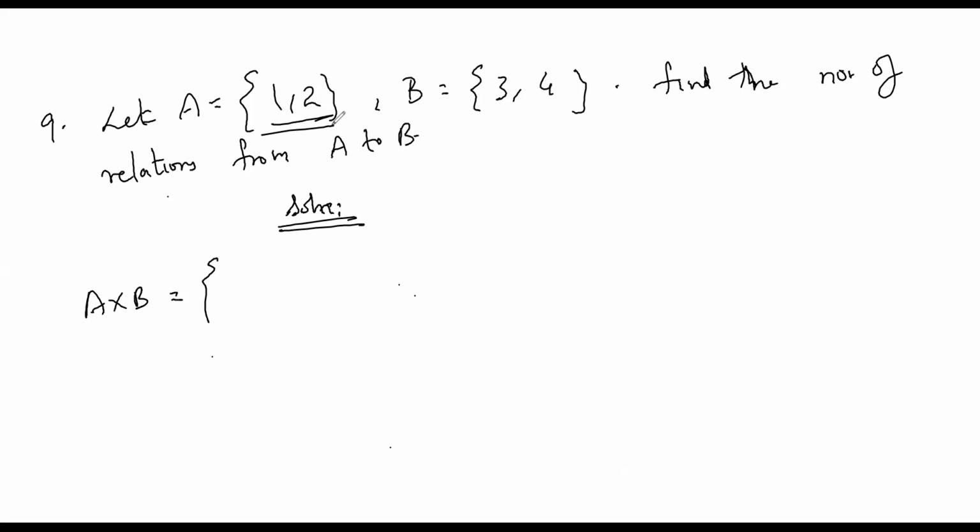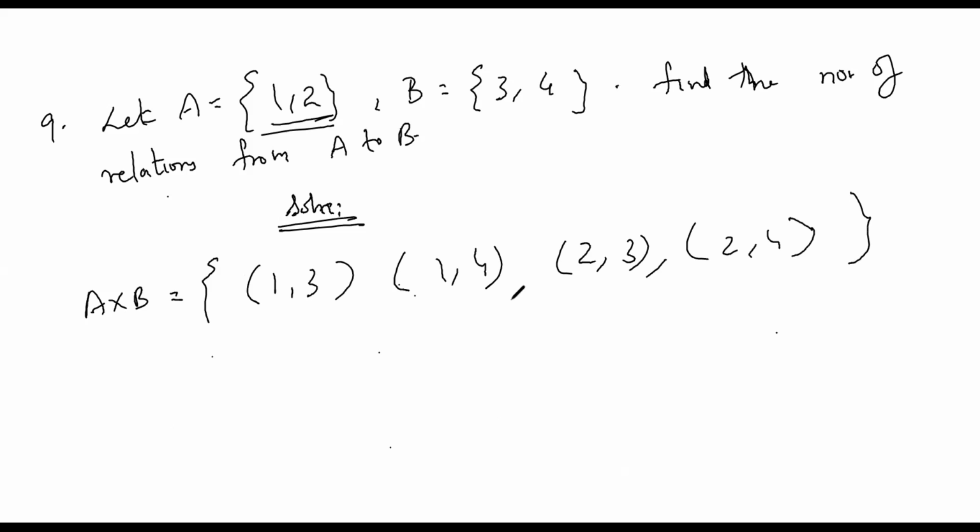It is basically 2 power n; count the number of elements. So A cross B is (1,3), (1,4), (2,3), (2,4).